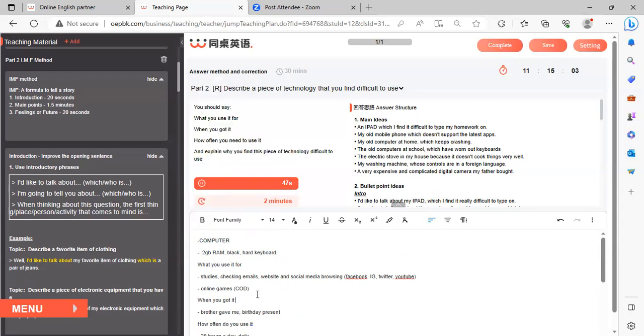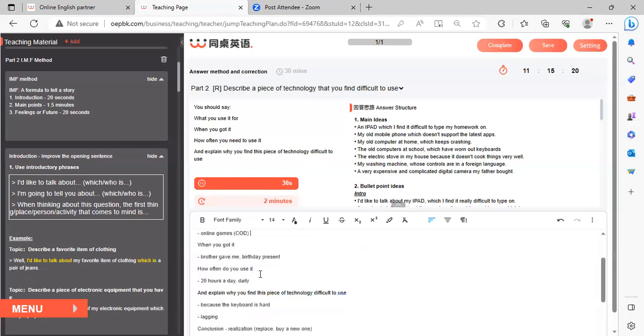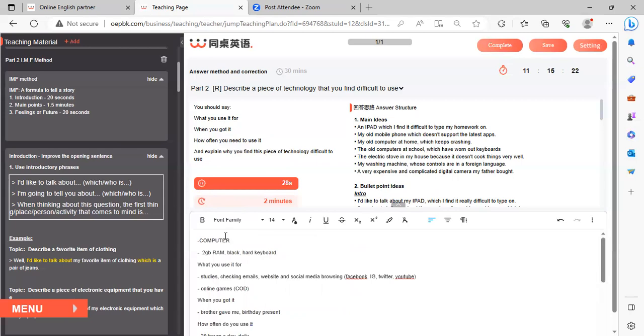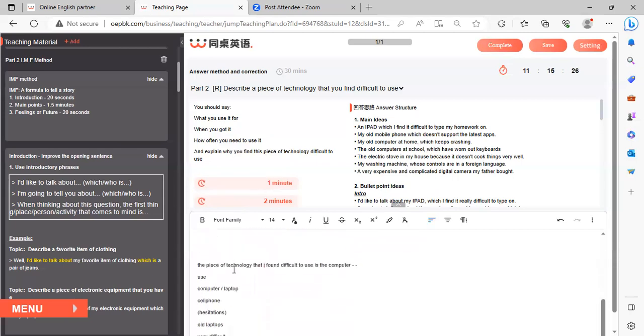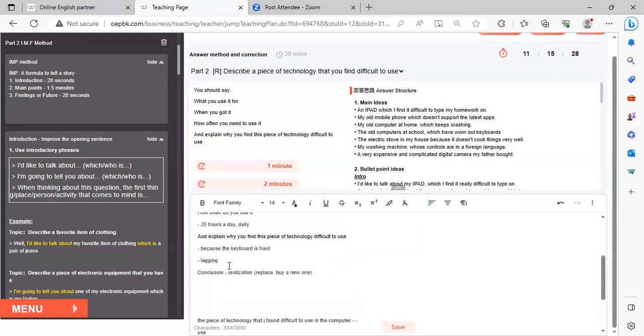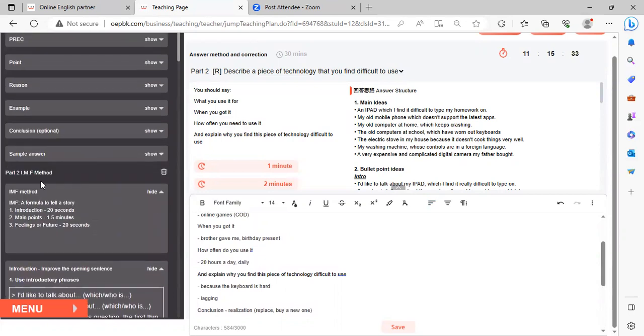Remember, these are just keywords. You don't have to write the complete sentence, because you only have one minute to prepare. After that, we will teach the student the IMF itself.